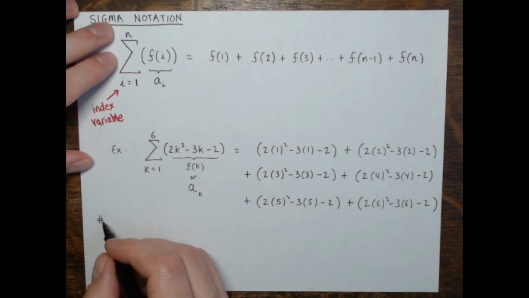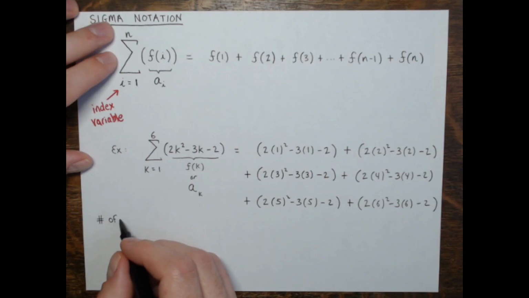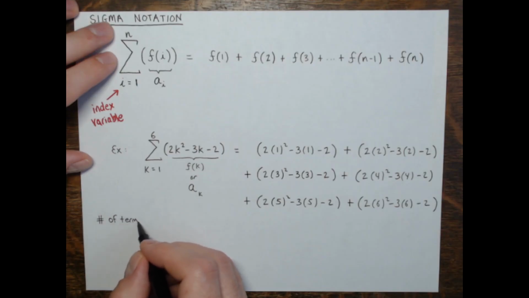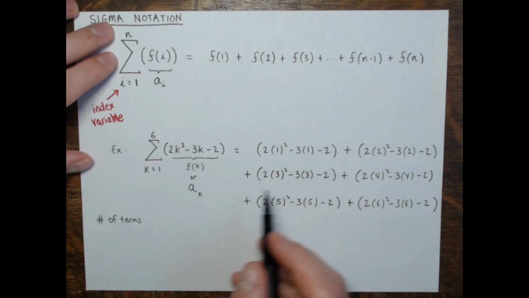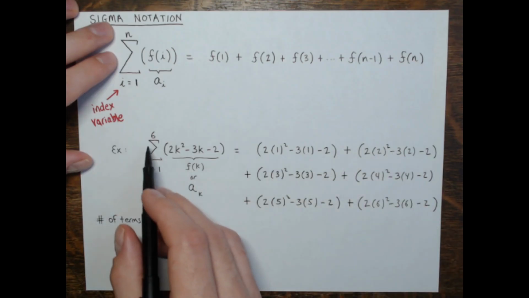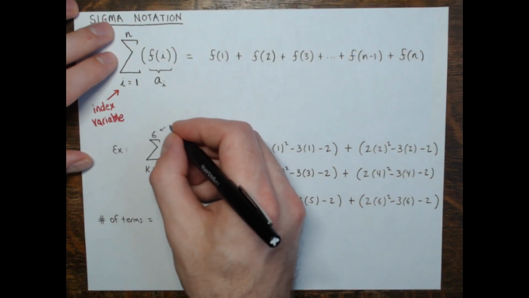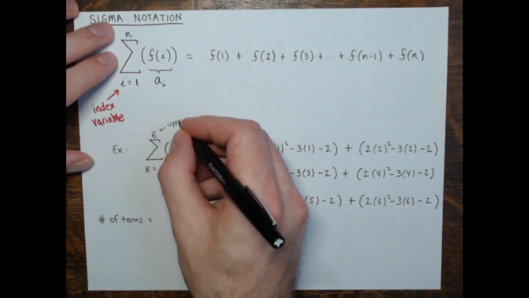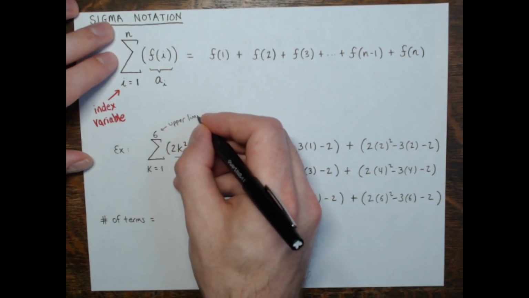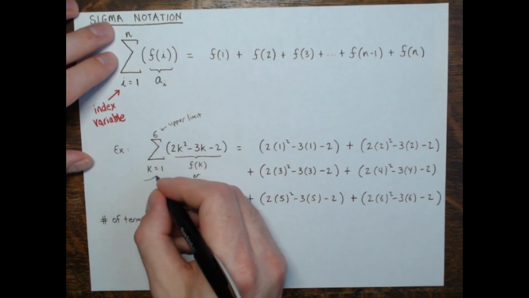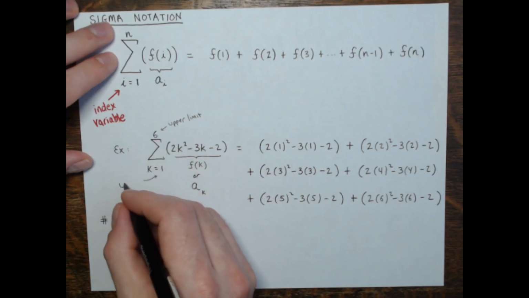The number of terms in the sum, so like the number of times you do this, it's going to be the top value of the index. So again, let's call this the upper limit. So upper limit 6, and this value down here, the lower limit.